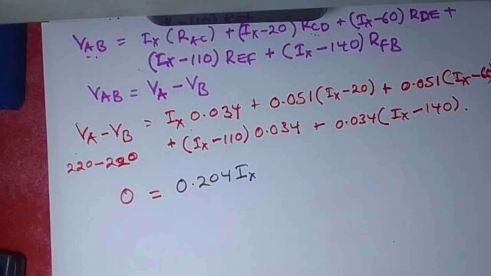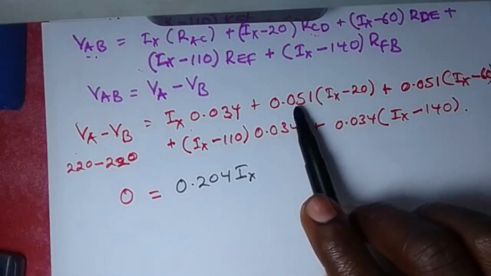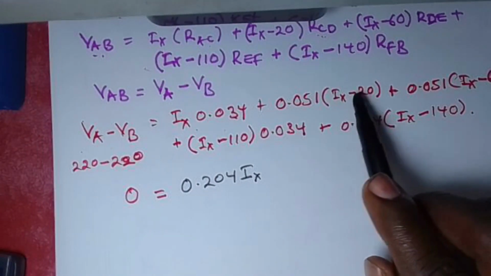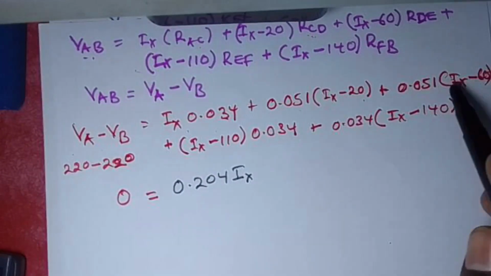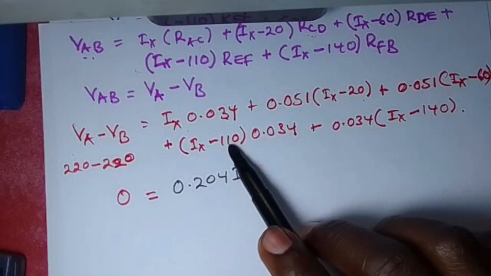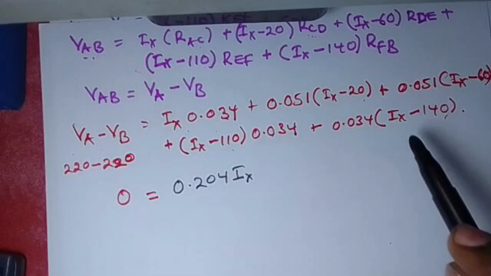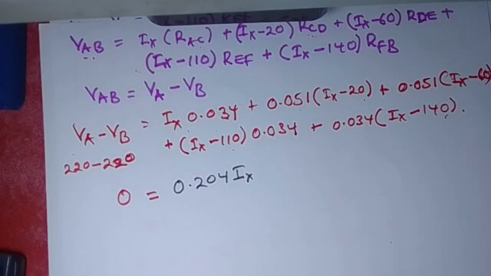Then all these values here are going to be negative. A minus this, a minus this, a minus this, and a minus this after opening the brackets correctly. So when we do that, let us see the value we come up with.